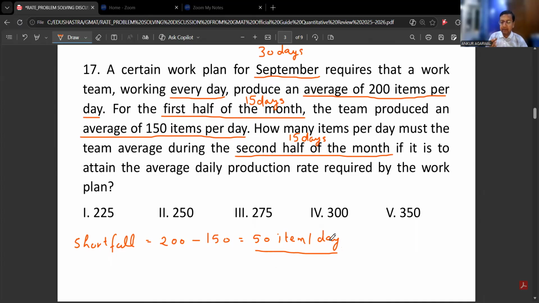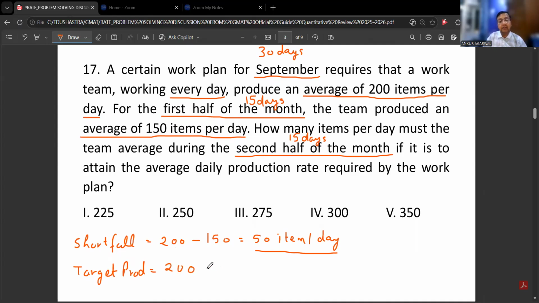I repeat, whatever the shortfall is, which is 50 items per day, if I have to achieve the set target, I have to increase the production by the number which is my shortfall. So what is my production? My target production, or the rate as of now, which is 200, right?